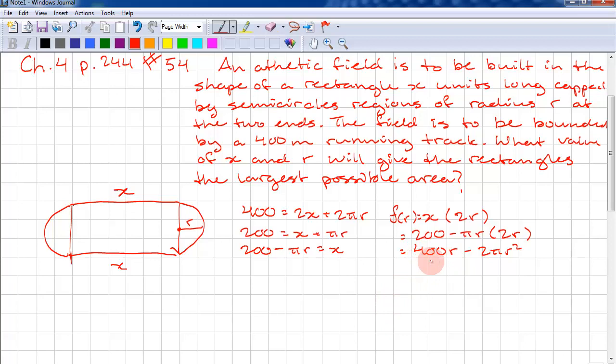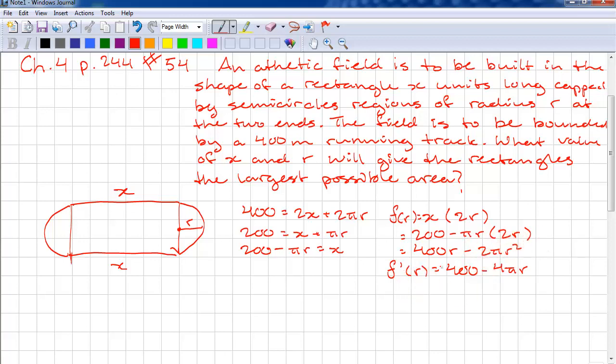If we find the derivative, where the derivative equals 0, so f prime of r. First find the derivative, which is 400 minus 4 pi r. Bring the 2 down, so that's a 4, 2 minus 1.